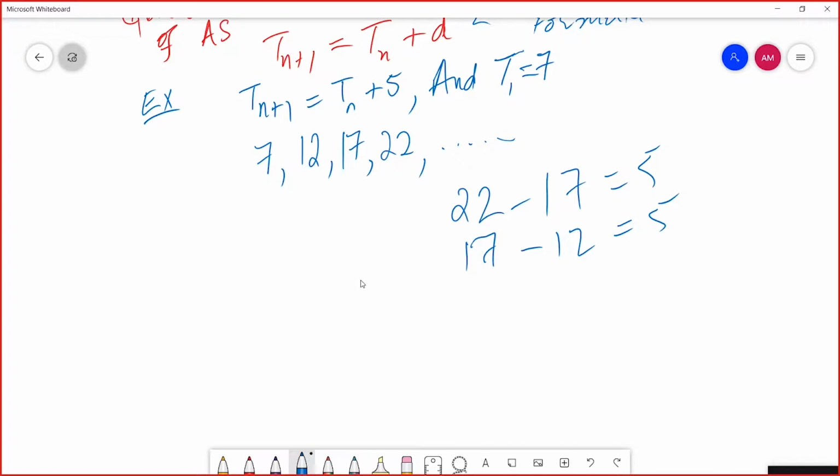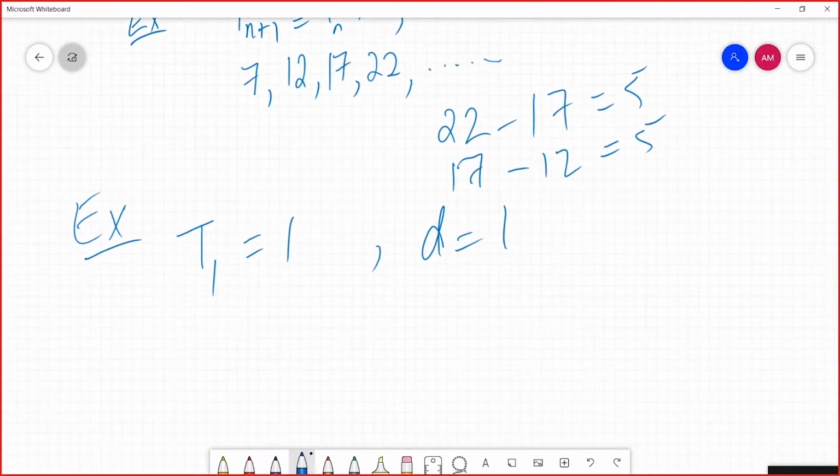Let's say we make a sequence where the common difference is 1 and we are starting from 1. So T1 is 1 and D is 1. Can you help me to write the sequence, please?